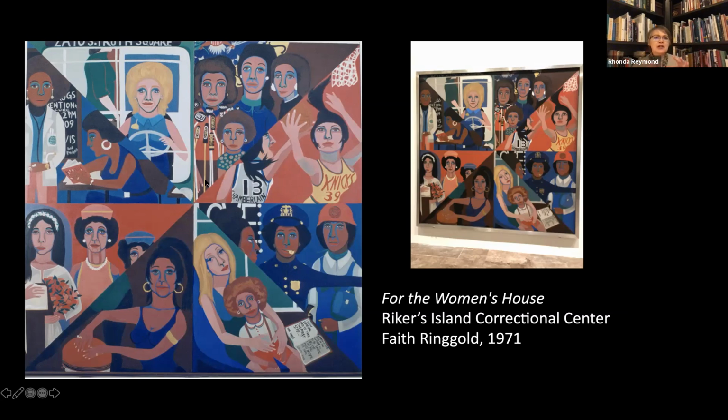So again, an African form that she brings in, and she shows a woman of color who's president, and then brings in Wilt Chamberlain and the Knicks, so two women basketball players, a policewoman and construction woman, a white woman who has a child of mixed race. And they are reading here Rosa Parks and Coretta Scott King's works. Drumming, this was something that women did not do. And so she shows a woman drumming.